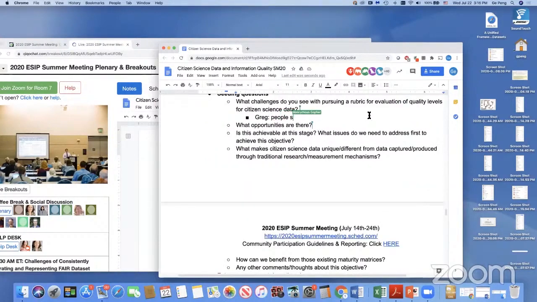So if a volunteer effort was spun up by a community-based monitoring organization, and they put a lot of heart and soul and sweat into the collection of a suite of data regarding the pH of a stream, for example, and maybe they end up putting that data set through this proposed rubric, and they end up on the not so great end of the rubric scale as far as the quality of the resulting work.